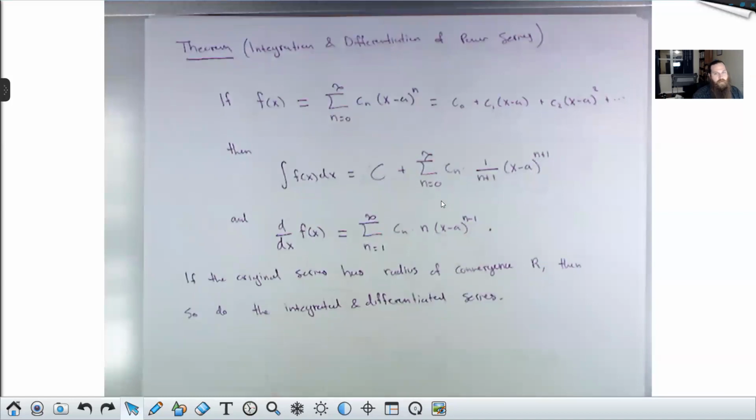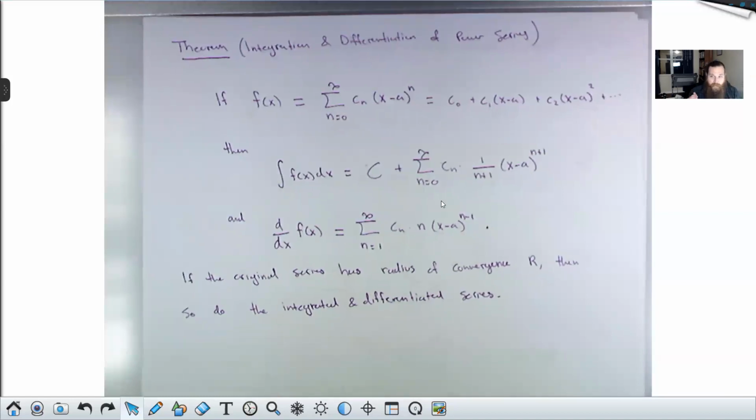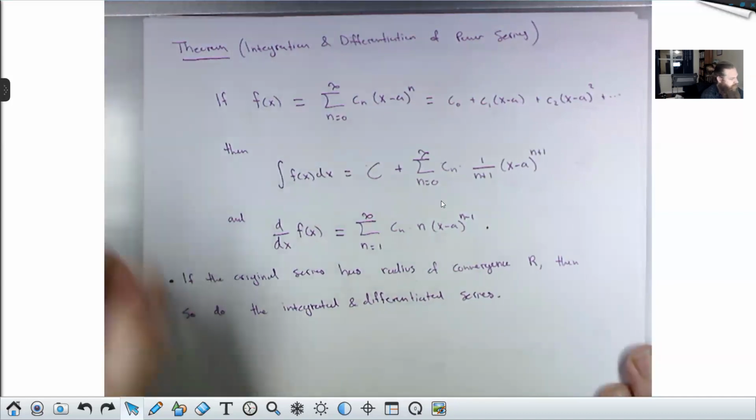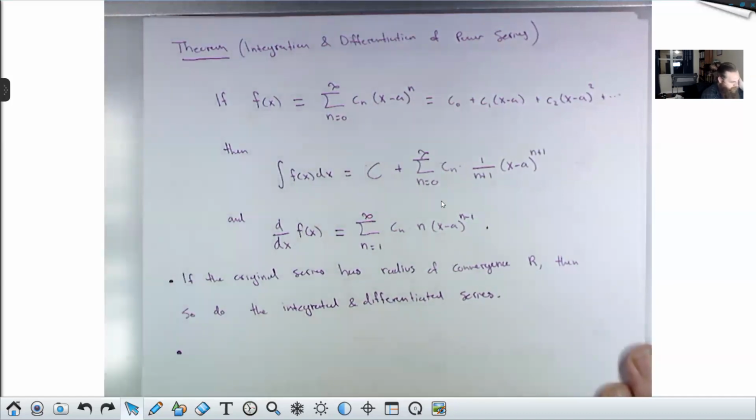Another way to say this is integrating or differentiating a power series cannot change the radius of convergence. It can change the interval of convergence, though.